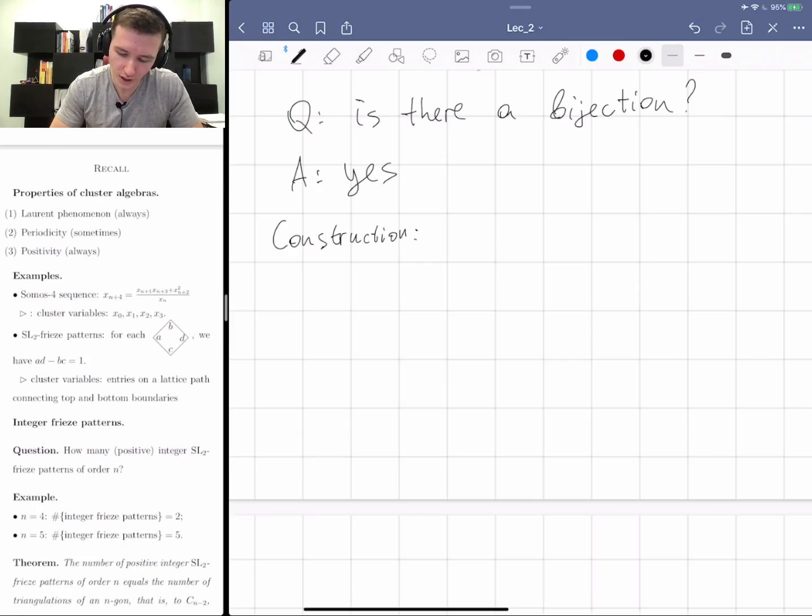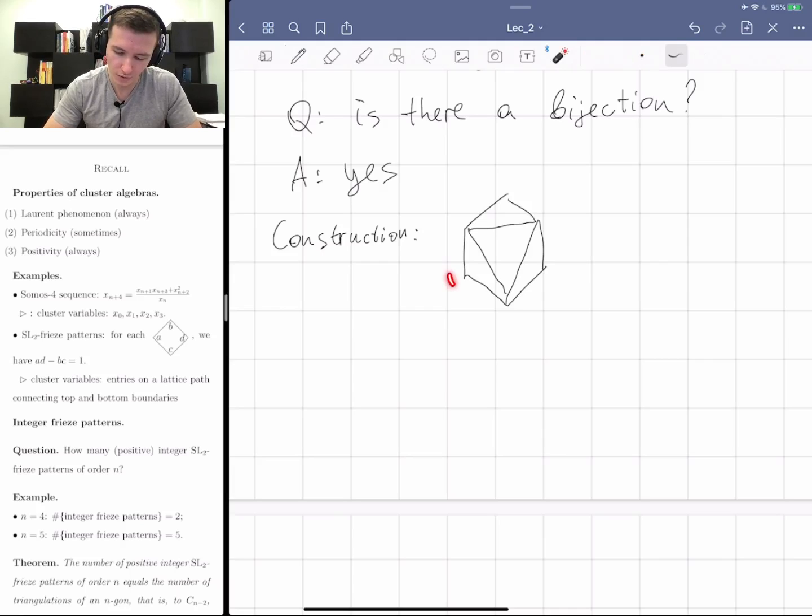So let's say you take an n-gon, and then you choose some triangulation, and you label your vertices in some fixed way, like 1, 2, 3, 4, 5, 6, some cyclic order on the vertices.